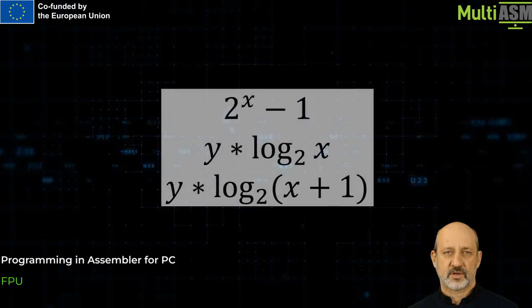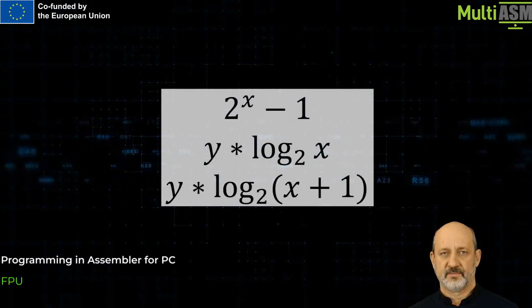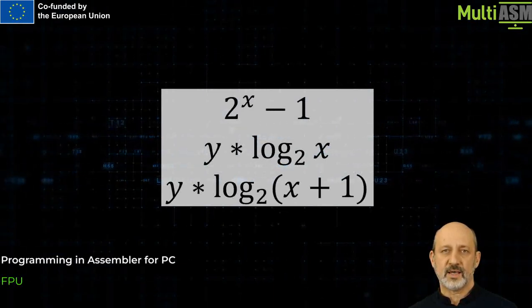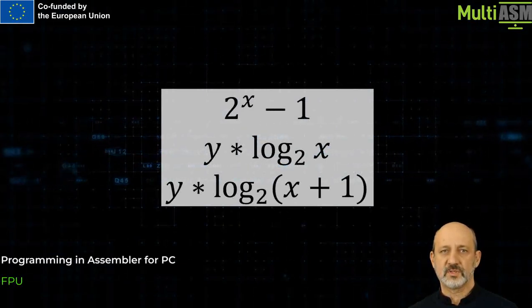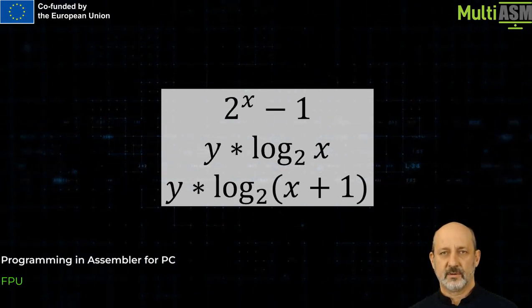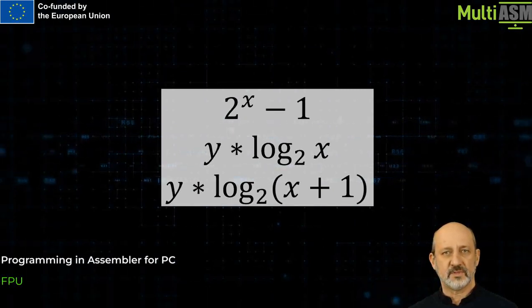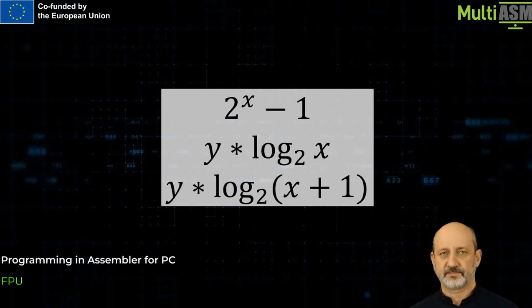There are also instructions to calculate exponential and logarithmic functions. The f2xm1 computes the exponential value of 2 to the power of the source operand, minus 1. Operand and result are in st0.